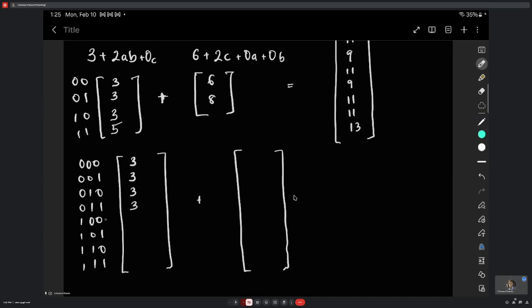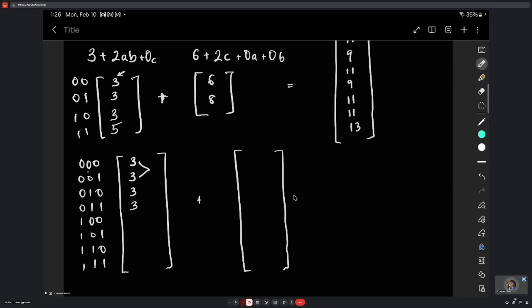1, 0, 0. Do we know the particular 3 we are talking about? It's not every 3. Which 2 3s in this 4 are the same? 0, 0, 0 and 0, 0, 1. These are the 2 3s that are the same, right? Okay, this first 3, this 0, 0.